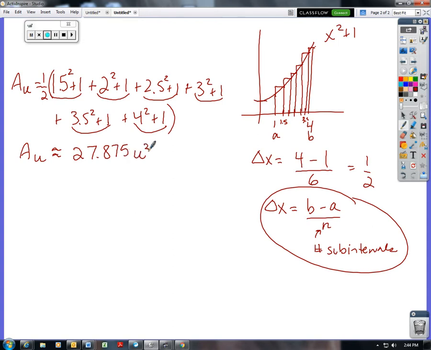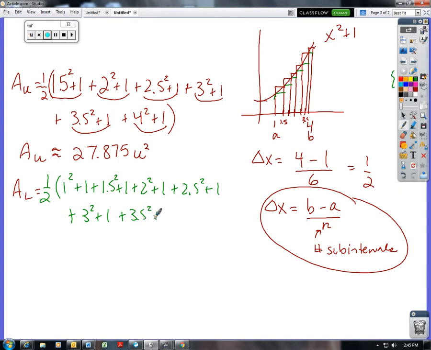Now we'll do the lower ones, in a different color, green. The lower ones are going to be here. The lower ones start at 1. Still a width of a half. 1 squared plus 1 plus 1.5 squared plus 1 plus 2 squared plus 1 plus 2.5 squared plus 1 plus 3 squared plus 1 plus 3.5 squared plus 1.